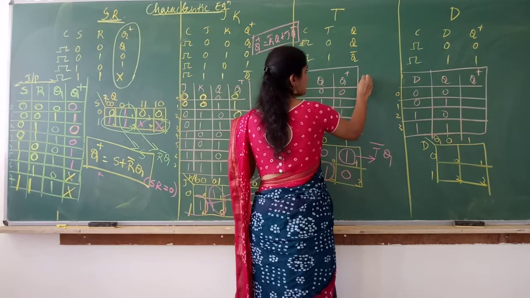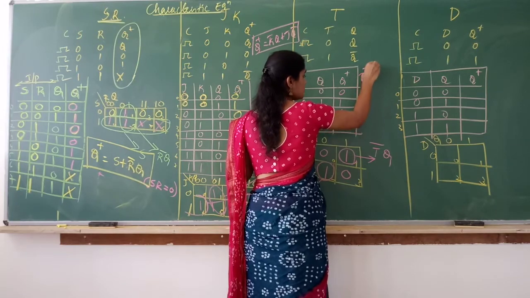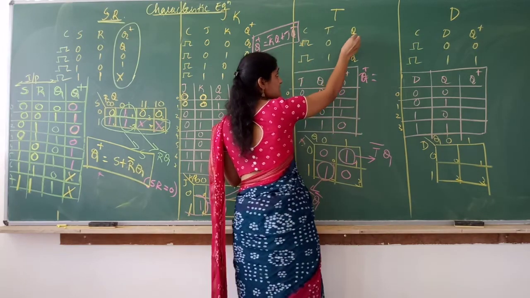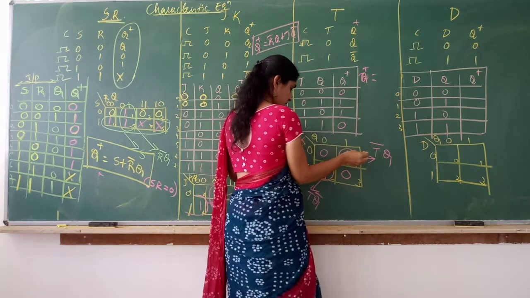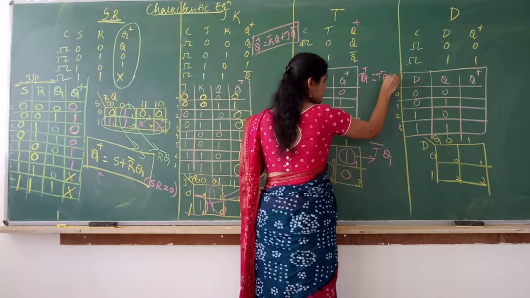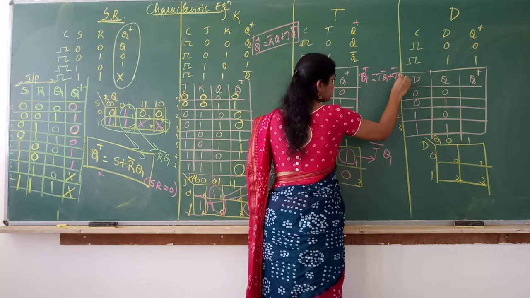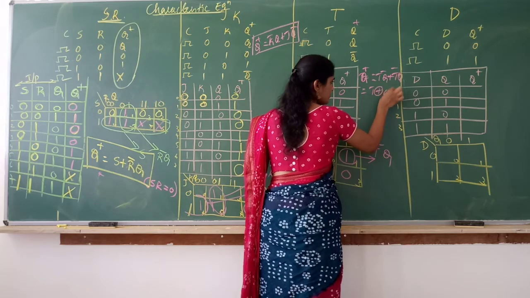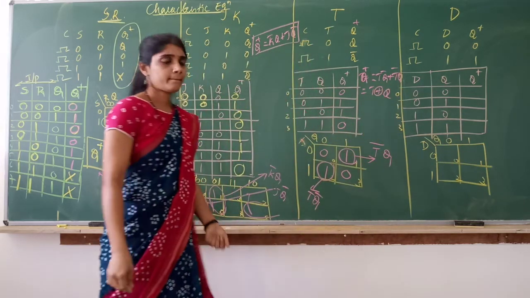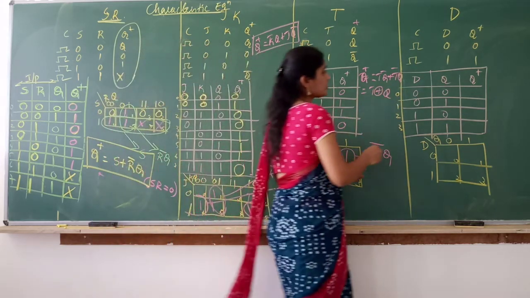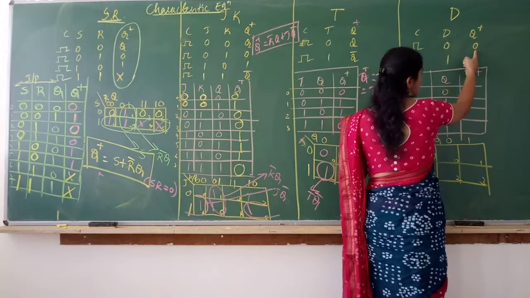So what is the equation for T flip-flop? Q plus is equal to, you should not write T. Q plus is equal to T Q bar plus T bar Q, which is nothing but T XOR Q. Correct?